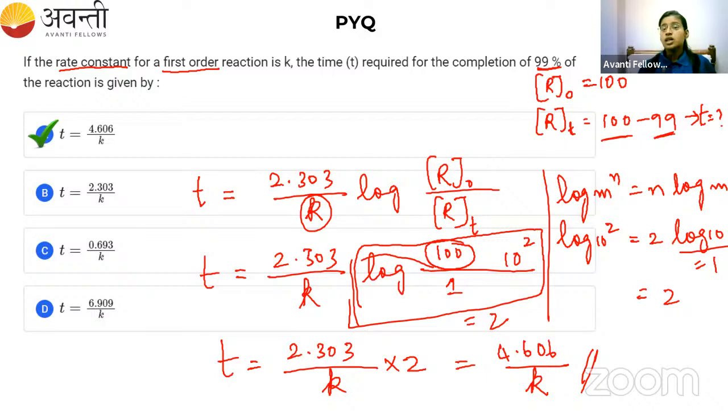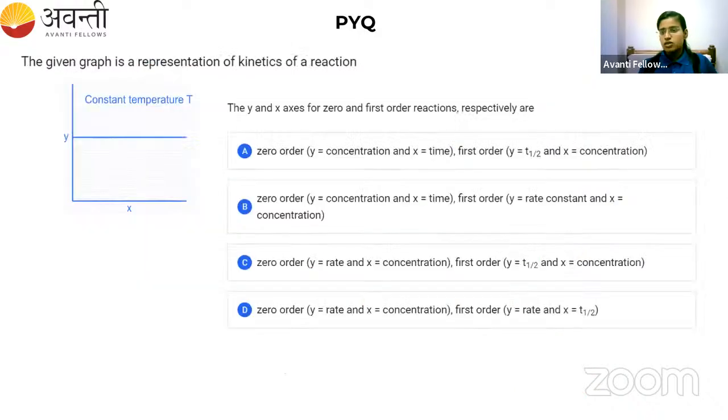You guys have to think well, think wisely, and then give me the correct answer. So don't just give your answer all of a sudden. This is the question. The given graph is a representation of kinetics of a reaction. So we have four options, and also we are provided with the graph.